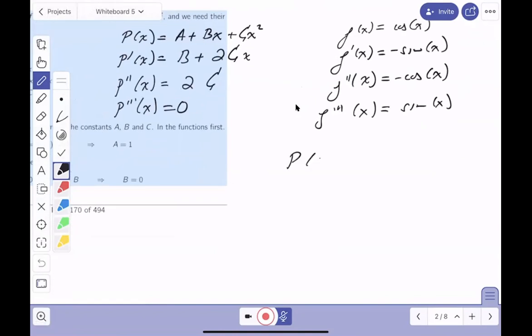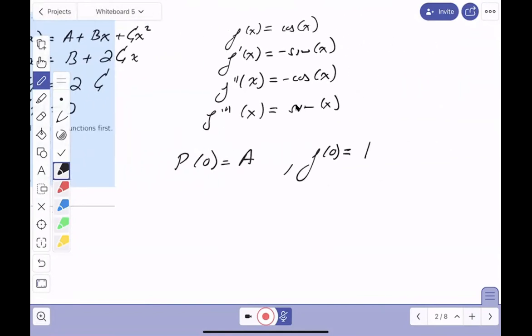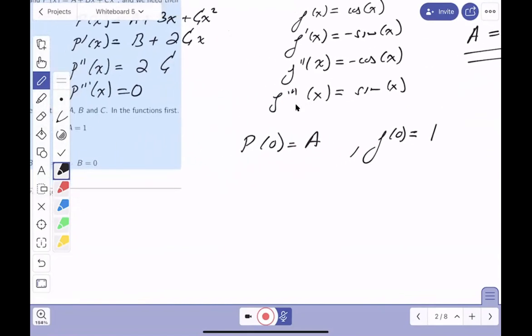So what's p of 0? It's a. What's f of 0? What's cosine of 0? It's 1, isn't it? So now I know a is 1. I know that much. All right, let's keep going. Let's do p prime of 0.